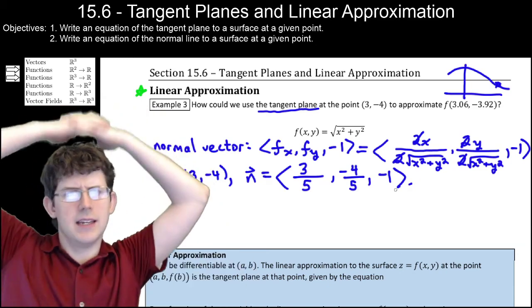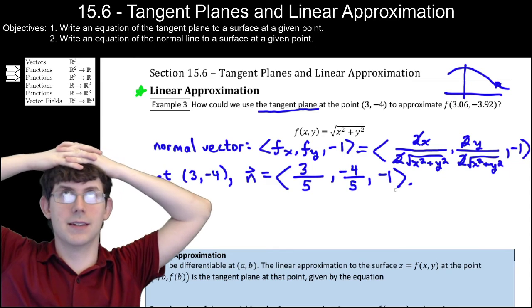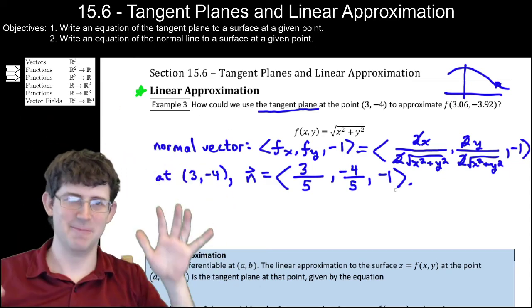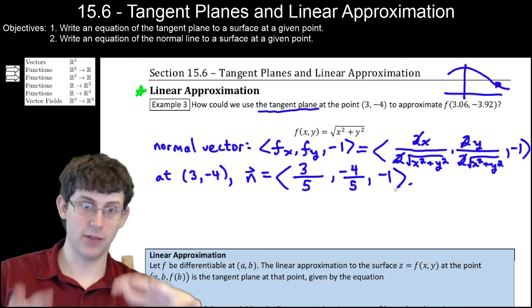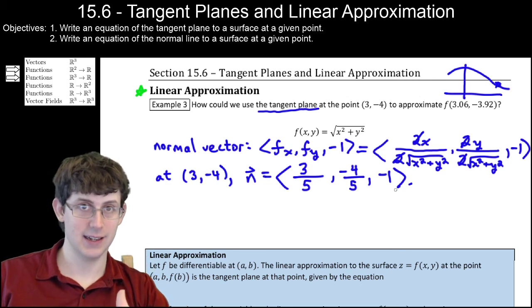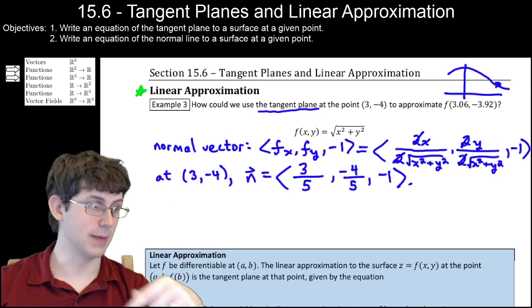So this tells me that whatever this object is, you don't need to know the shape, that's the point, near the point (3, -4), the surface acts like a plane that's oriented using this normal vector, (3/5, -4/5, -1).